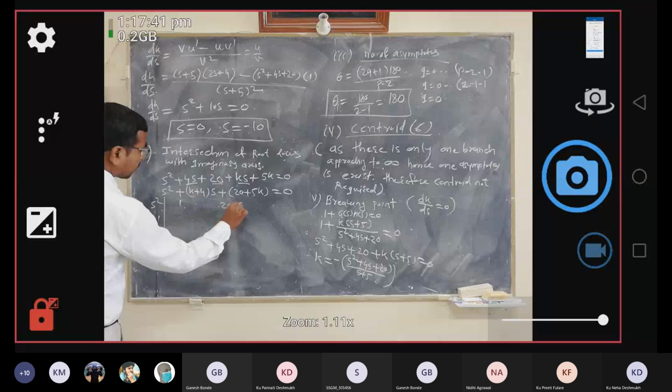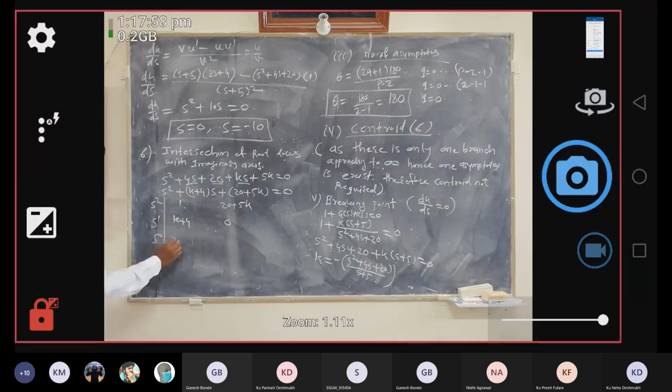So what is the element corresponding to s raised to 0? (k plus 4) into 0 divided by this, so that means it could be 20 plus 5k. So this is your Routh array. Okay, so find the value of k marginal.